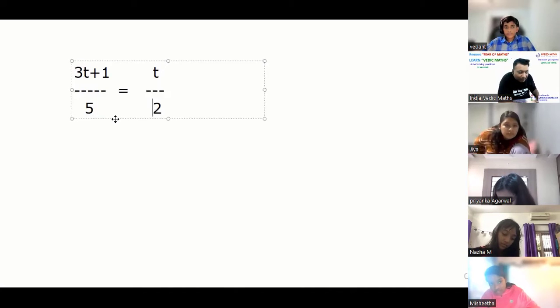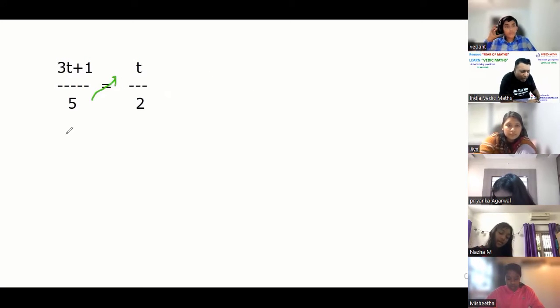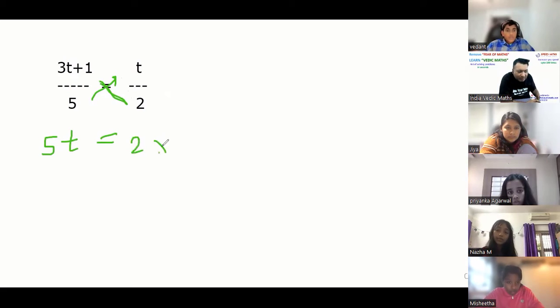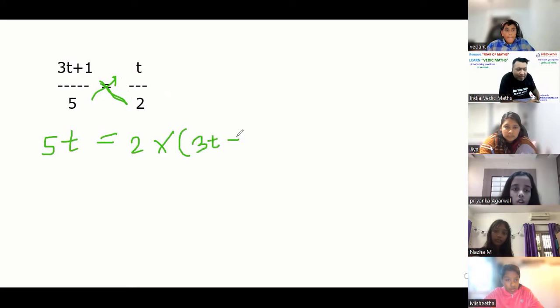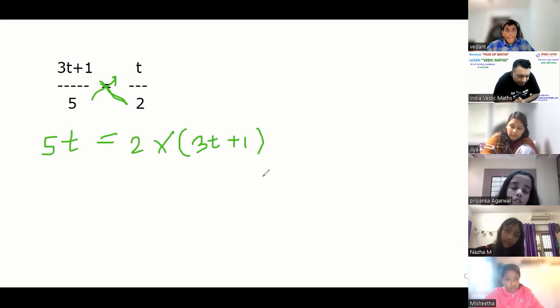Now we will do cross multiplication, right? You do this with this. How much you get? 5t equal to. So this with this is different because there are two terms here. You will say 2 times the full thing on the top, 2 multiply with full 3t plus 1.